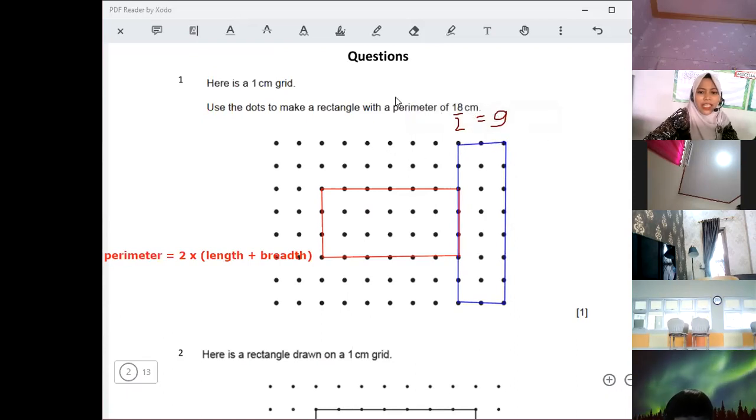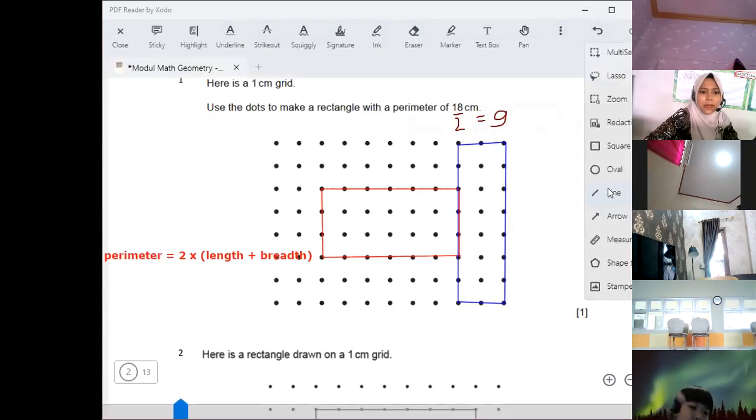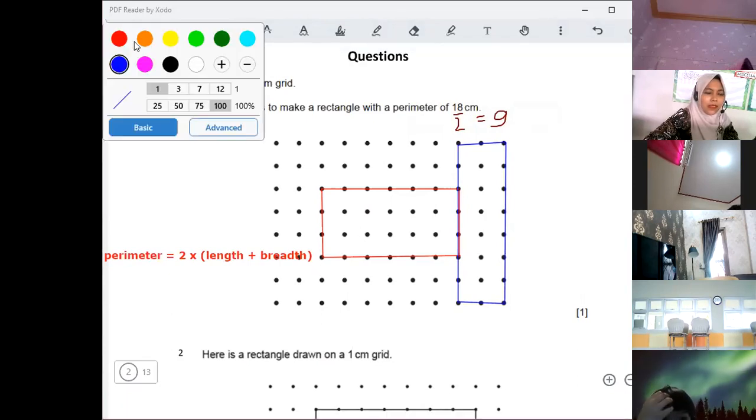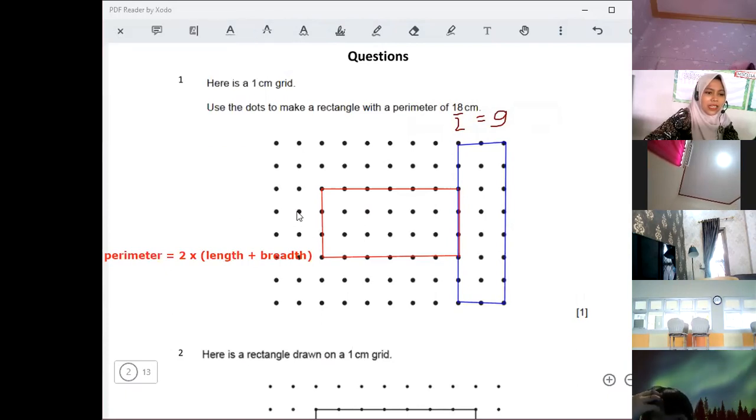Or you can say 8 times 1. This one, I'm gonna use green. So when you have 8 and 1, 1, 2, 3, 4, 5, 6, 7, 8. And then this is 1. This one is also 18, the perimeter, yeah.